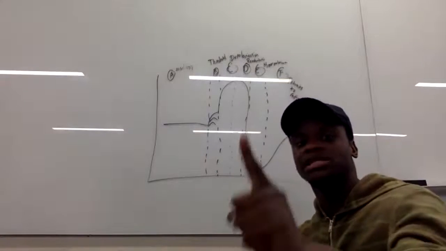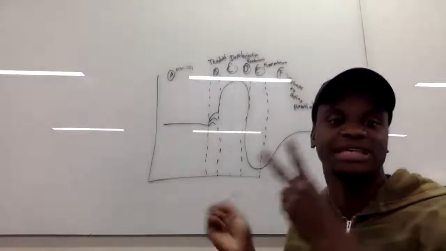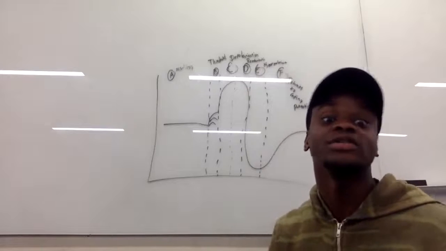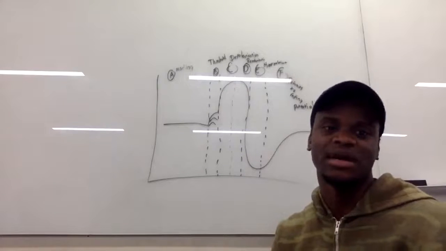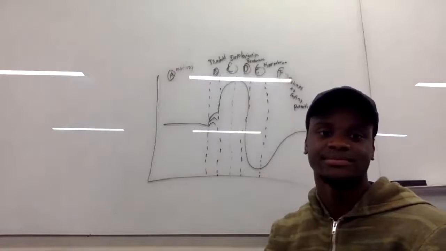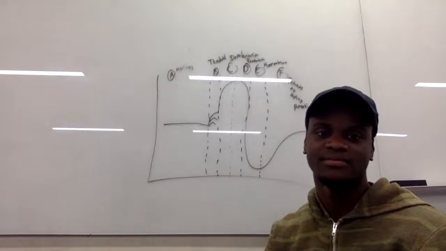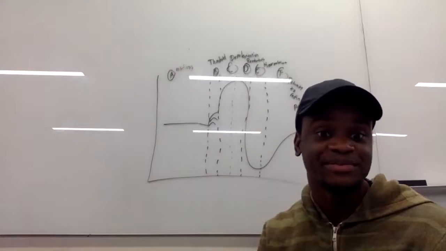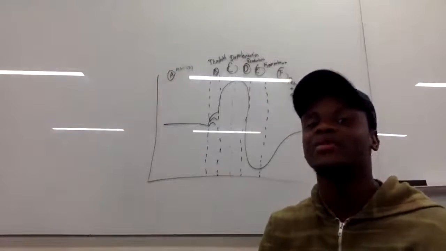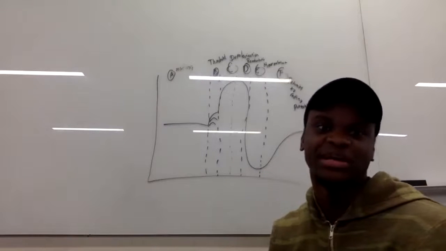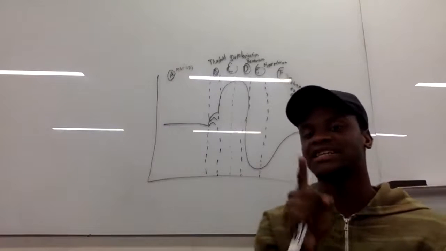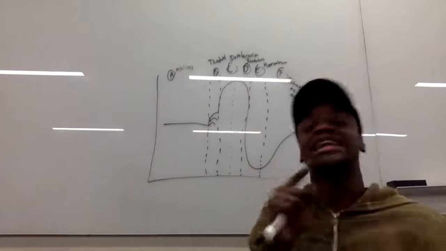But as you remember, there's a big difference between voltage-gated sodium channels and voltage-gated potassium channels. What's that main difference? That's correct. Voltage-gated sodium channels have what we call an inactivation loop.